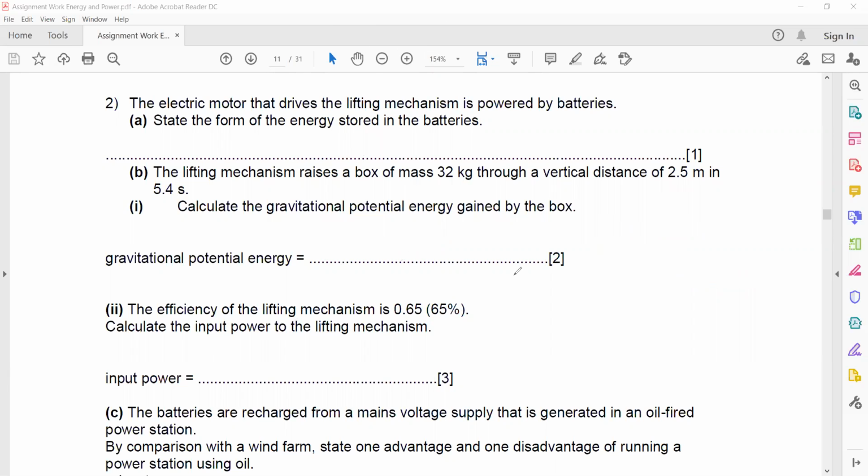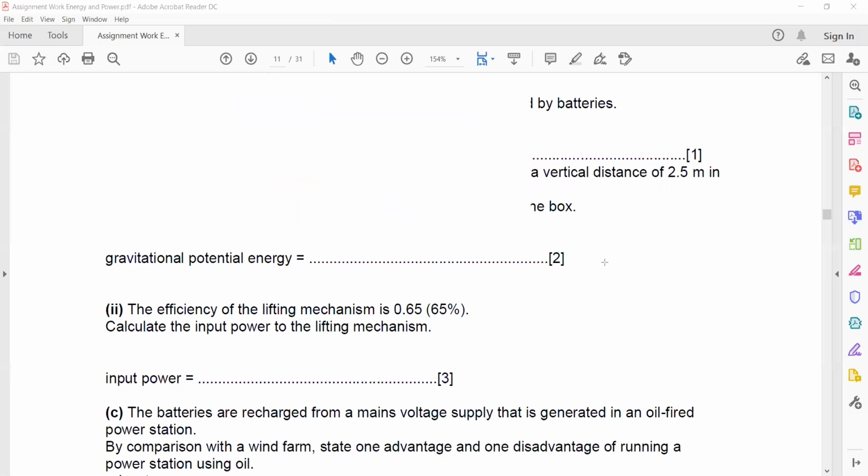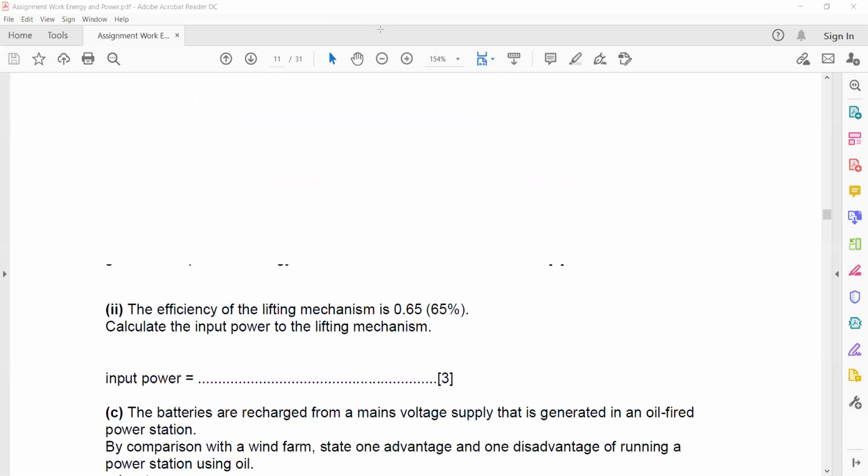So the formula for efficiency: input divided by output multiplied by 100, no, opposite, it's output divided by input. Efficiency equals useful output energy divided by input energy, multiplied by 100.